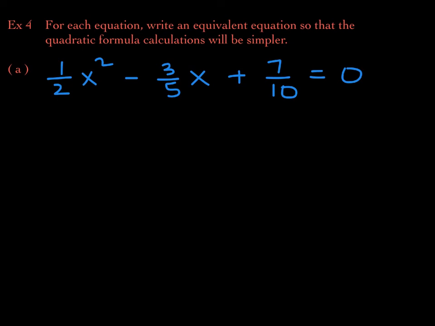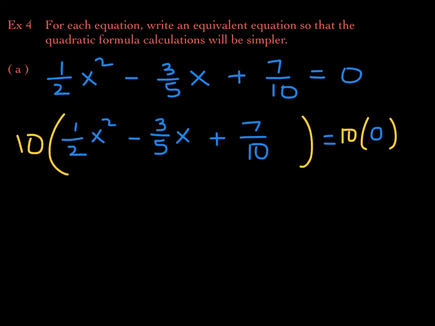Now, the LCD between all these fractions is 10. So if I multiply this entire equation by 10, it'll get rid of my fractions. All right, every single term has to be multiplied by 10. Here we go. Half of 10 is 5. And then here, watch this, 5 goes into 10 twice, and 2 times 3 is 6.